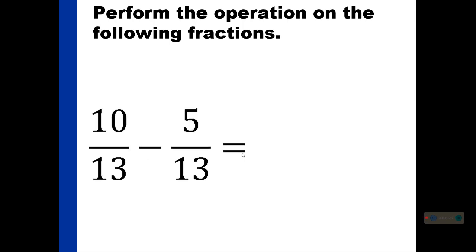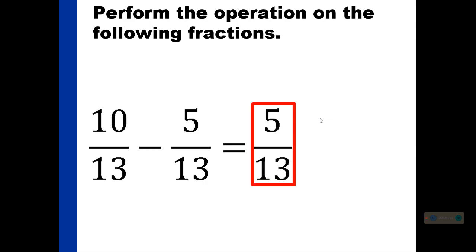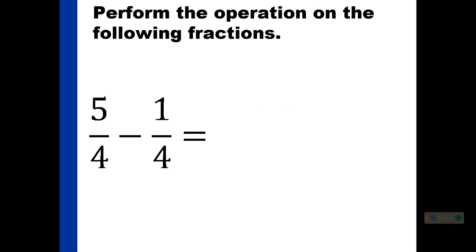How about 10/13 minus 5/13? Correct. You have 5/13, which is still written in the simplest form. Next, 5/4 minus 1/4. Correct. We have 4/4, and if you simplify this, it is equal to 1.